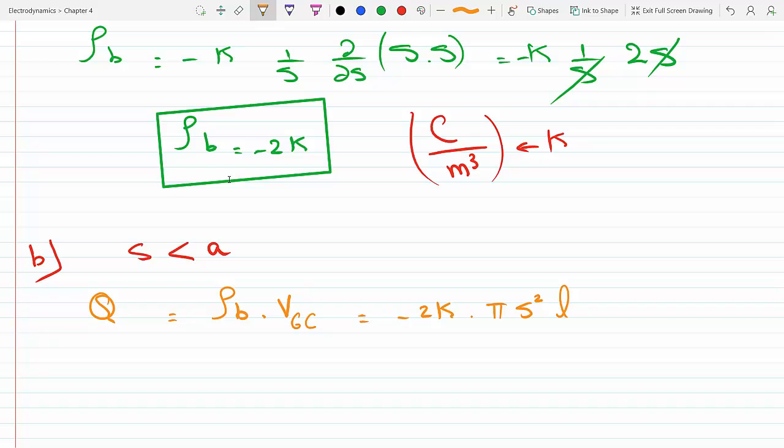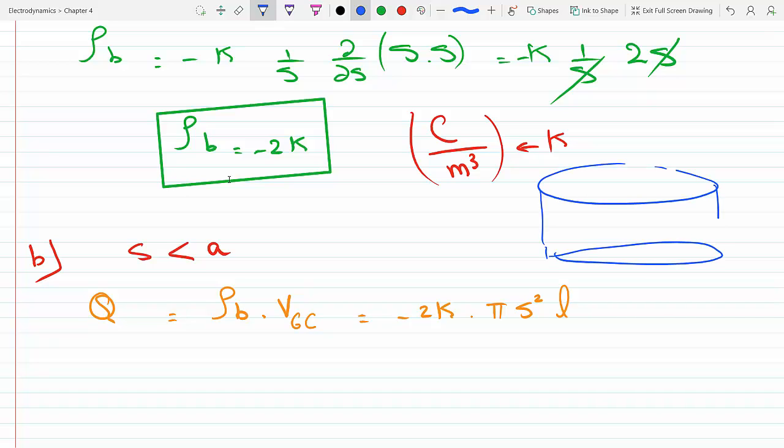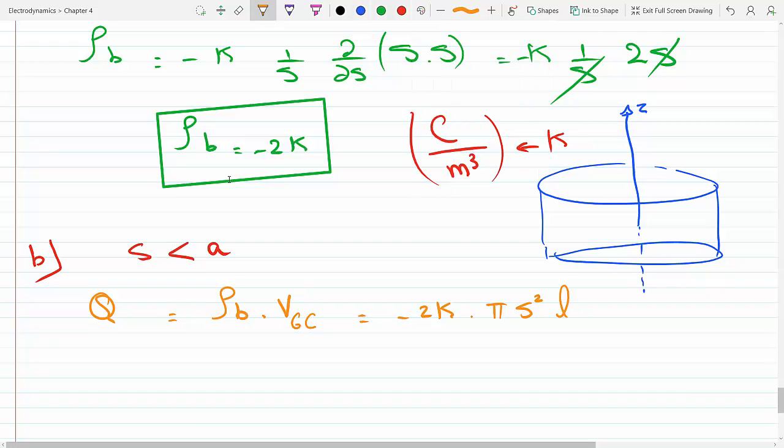Okay, so if this is my cylinder, and this is the z-axis, I'm taking my Gaussian surface to be here, length L and radius s.